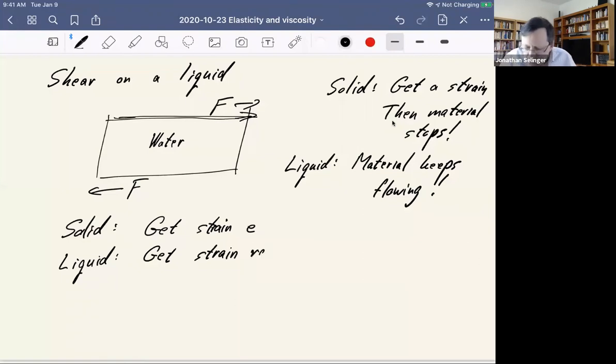That is a strain per second. People write that as e dot. Okay? This symbol is an e with a dot over it. When you're speaking, you say e dot. And the dot is an old-fashioned notation for a derivative with respect to time.